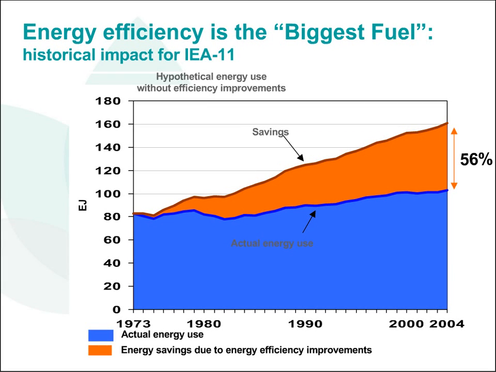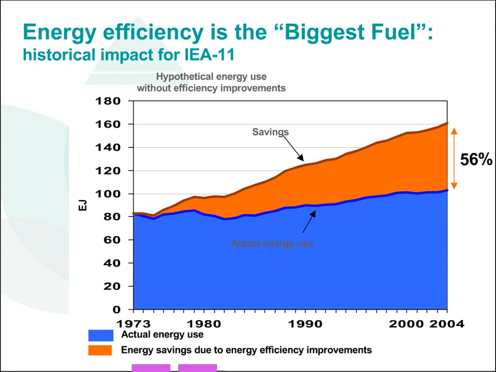And it showed for the largest 11 economies in the IEA, of which 9 of them were in the EU, the energy savings or the impact of energy savings over time, from the time when the agency was formed in 1973 after the first oil crisis, up to 2004.